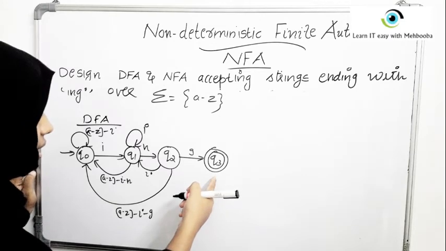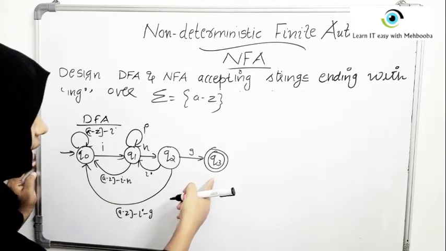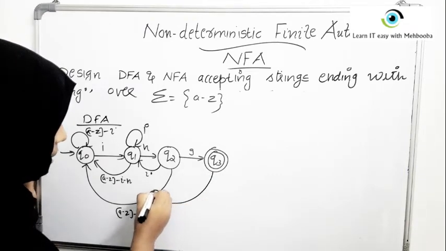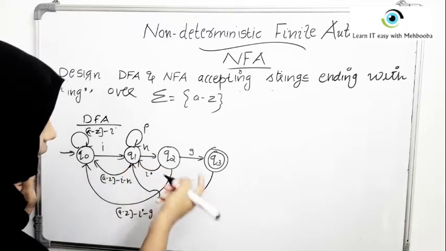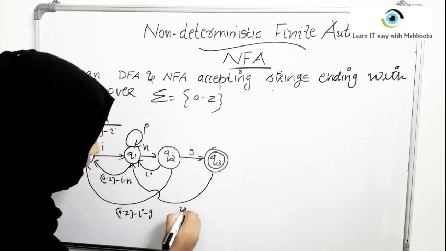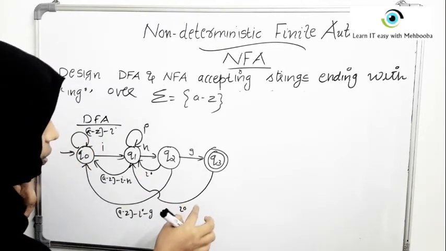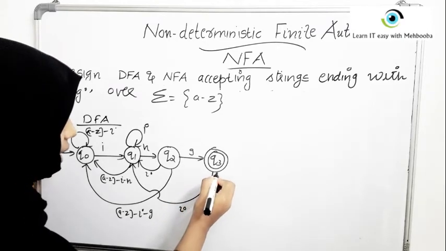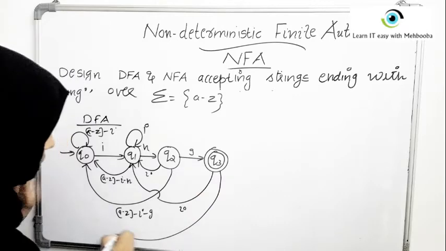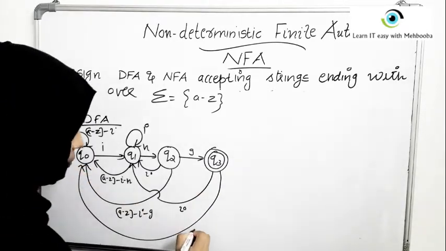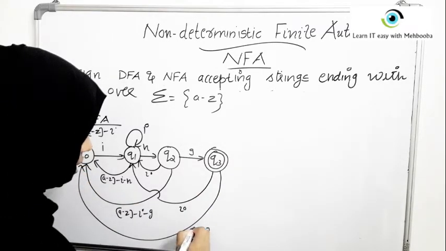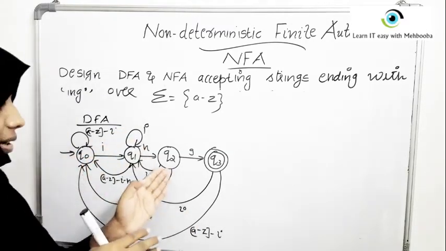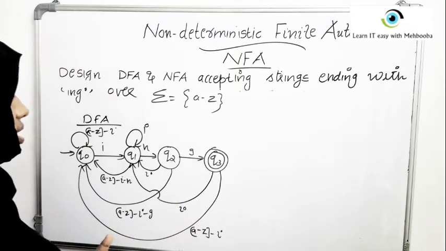So if you're getting anything other than this, for example, if you're getting an I, you should come back to this point, waiting for an N and waiting for a G. Whatever is other than I, for example A to Z minus I, you should come back to this point to get an I followed by an N followed by a G. So this is the DFA.